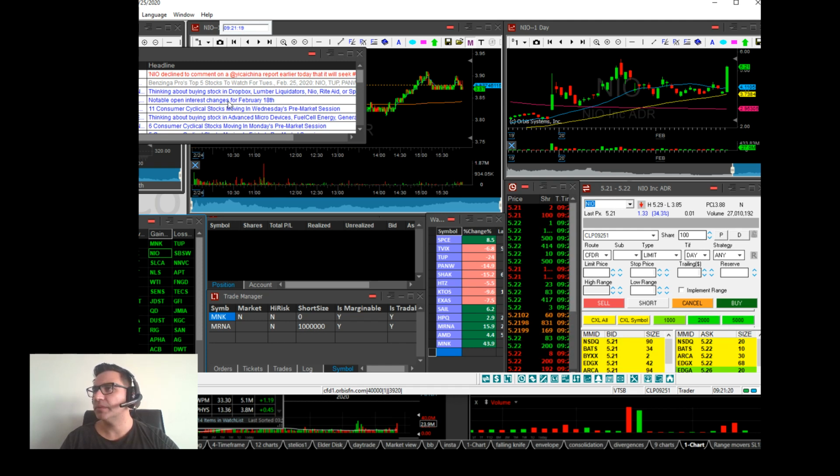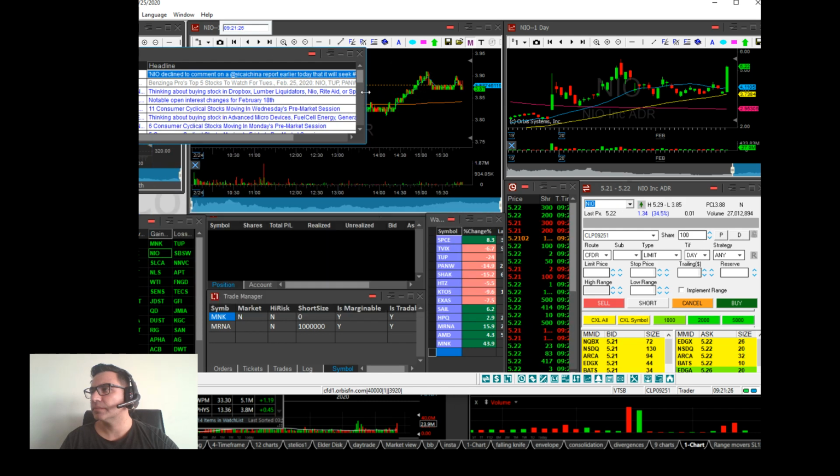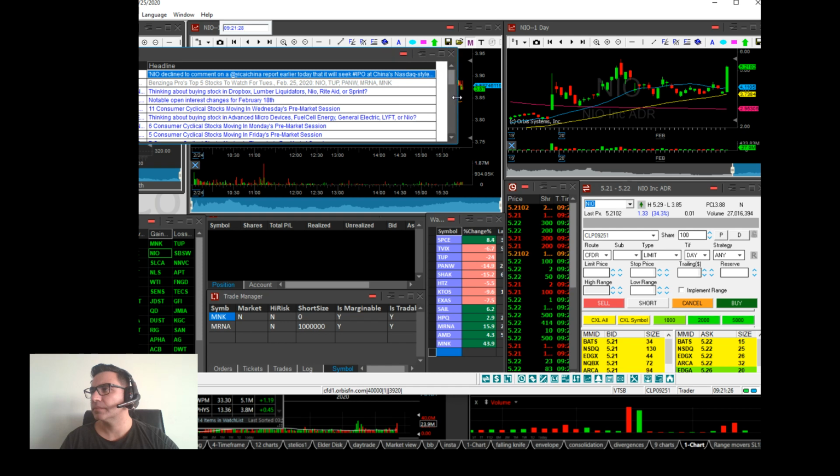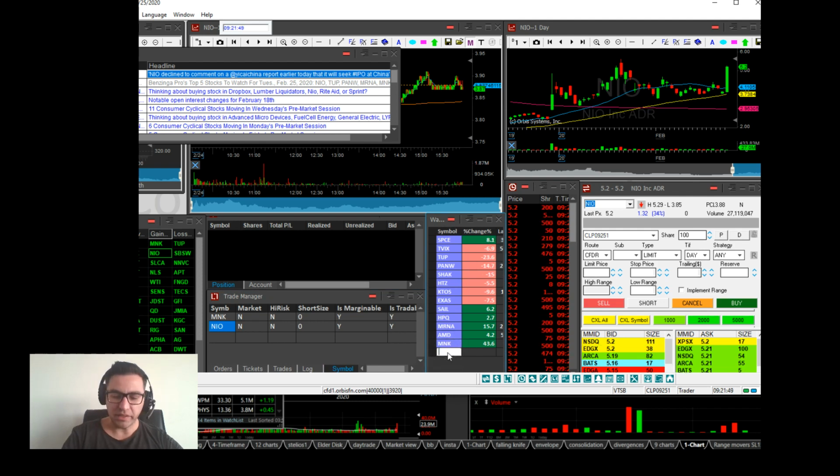NIO, nice gap. All right, they want to get into China's market, something like that. I think it's tradable. It is. It's a nice breakout.